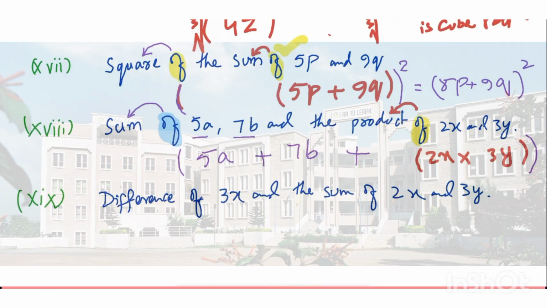This is 5a plus 7b plus the bracket 2x times 3y. So this is how we do it.